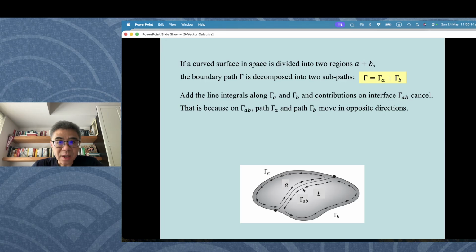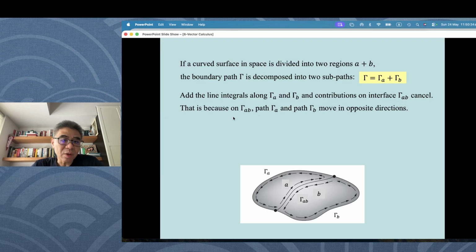We call it gamma AB. So if we do the line integral along gamma A and gamma B respectively and add them up together, you will see very clearly the contribution from the interface gamma AB will cancel each other.